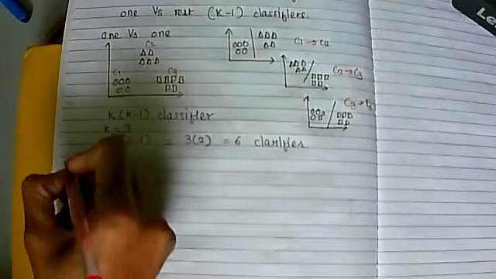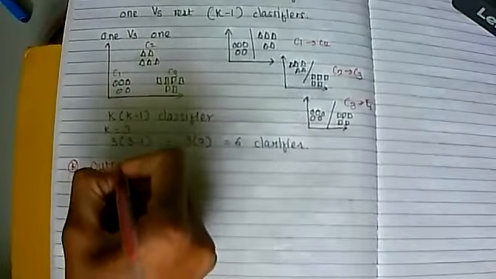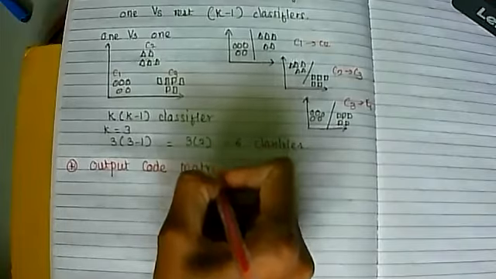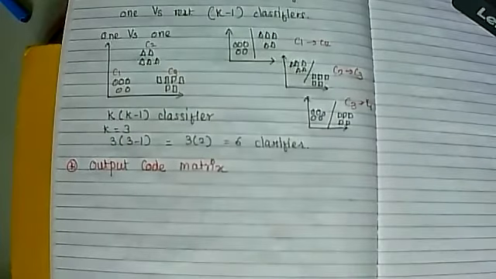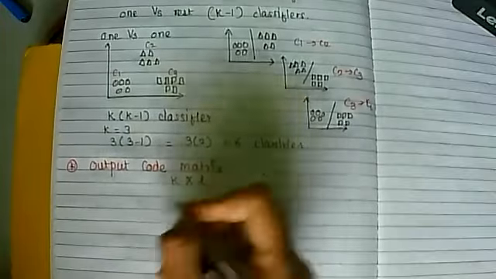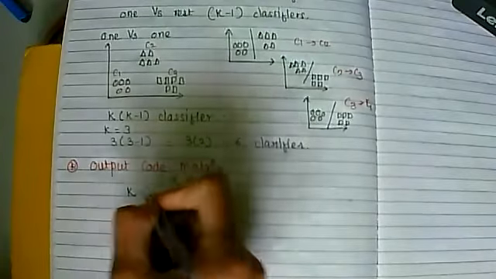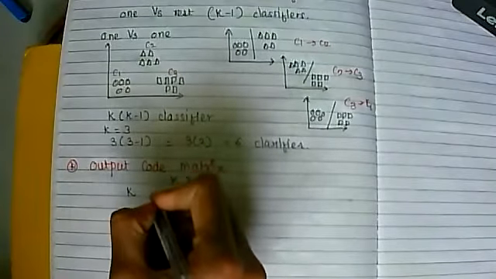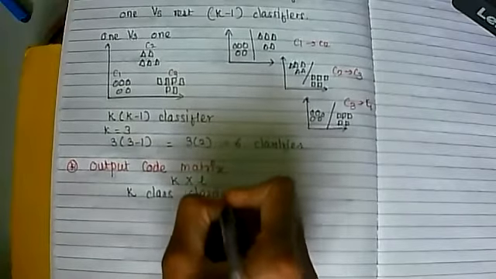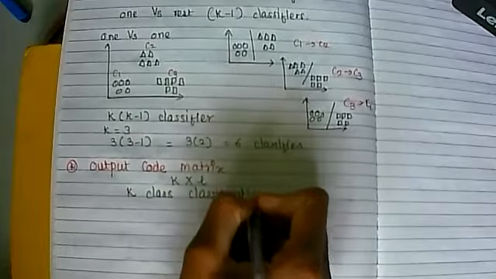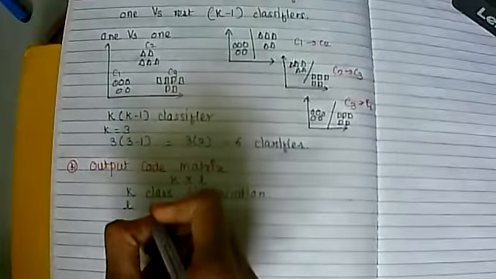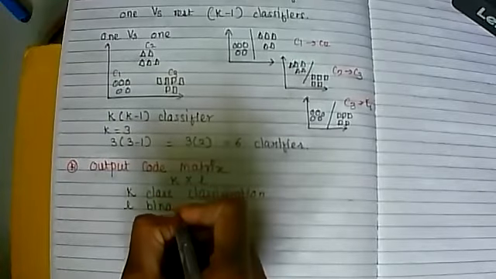The output code matrix is denoted as K into L, where K is the number of classes for classification, and L is binary classification. K is K class classification and L is binary classification.